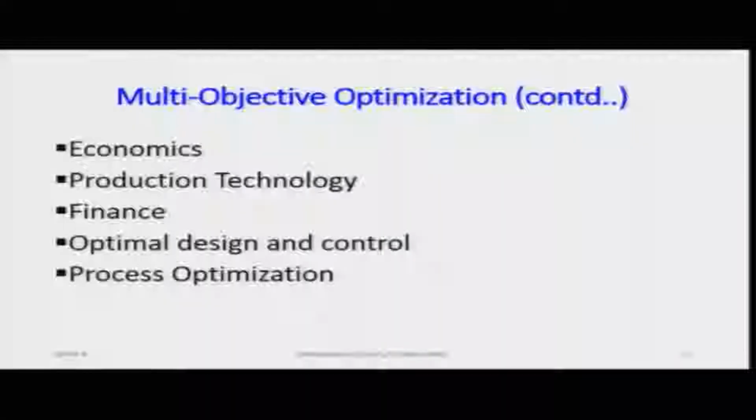In optimal design and control, you may want to design a very sophisticated instrument, an electrical circuit, a cooling tower for a thermal plant, or design the flow of heat through different pipes.